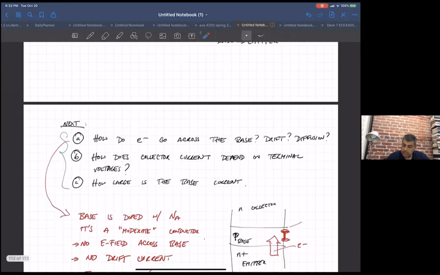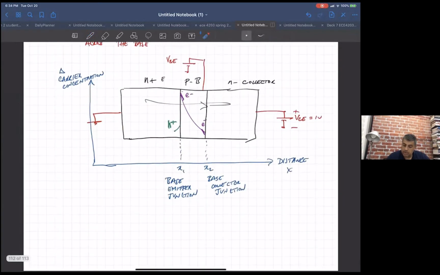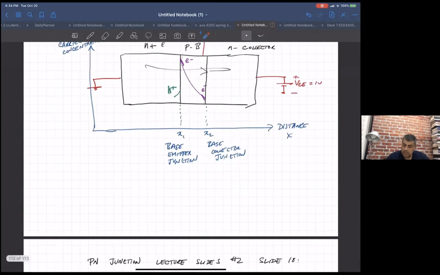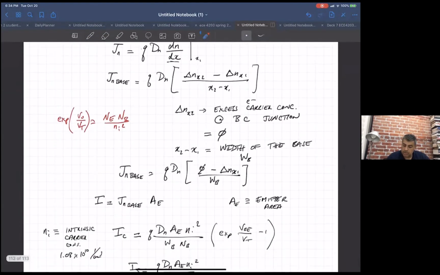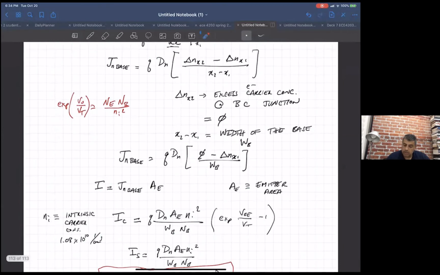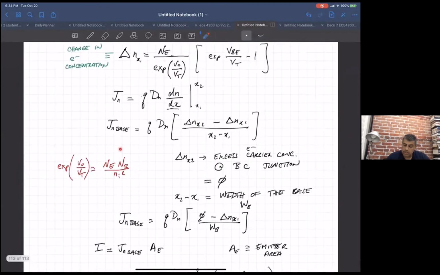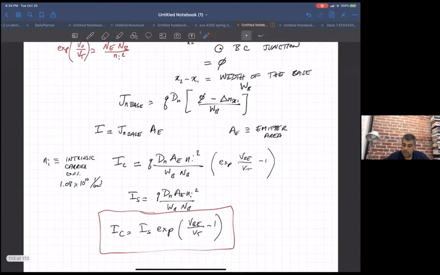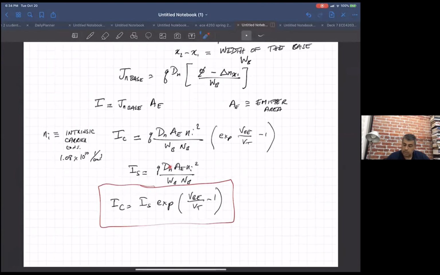By making the assumption that I have a bunch of electrons here, diffused across from the emitter to the base, and 0 extra ones here because they're all gone across the base, I plug them into the equation for diffusion current, which we had from many lectures ago, and I ended up with this equation.